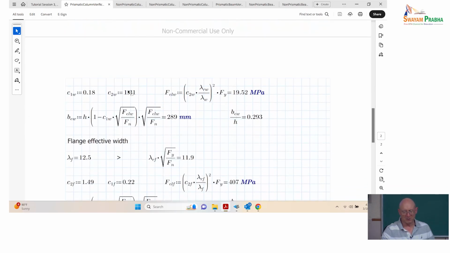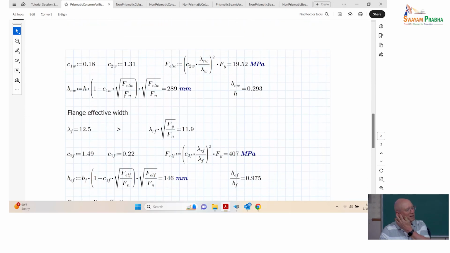All right, so here are the equations in AISC again for getting the column strength. We use 0.18 for the web here instead of 0.22, which is the standard Winter equation. C2 of the web that goes along with that is 1.31.